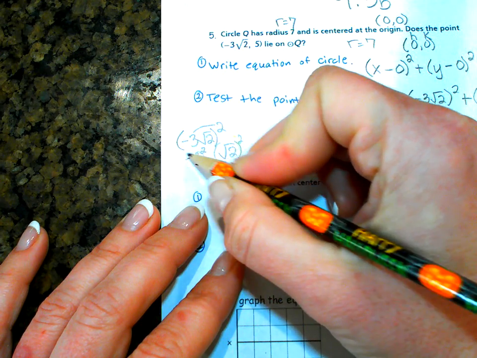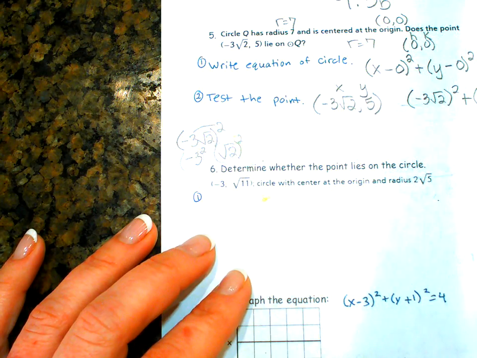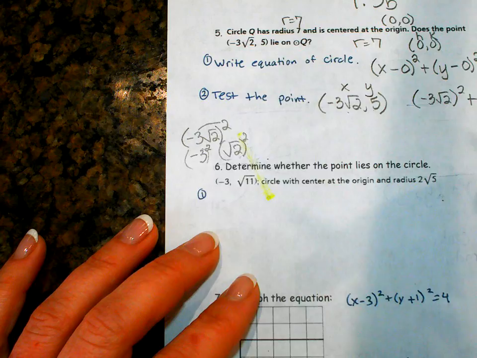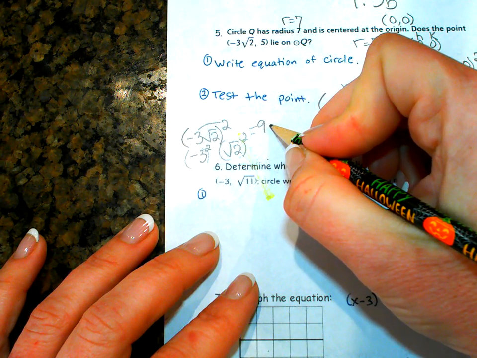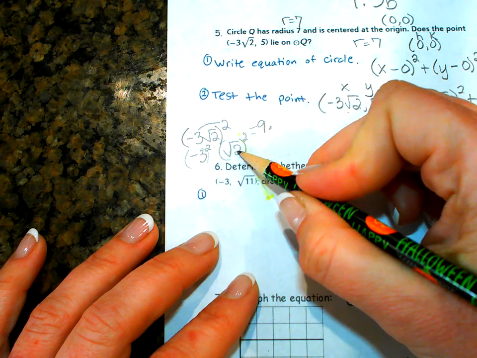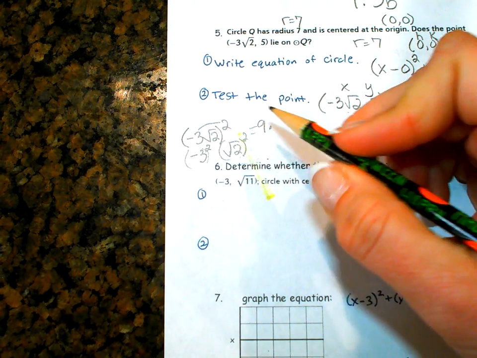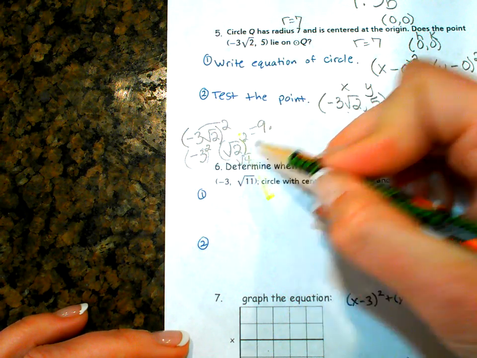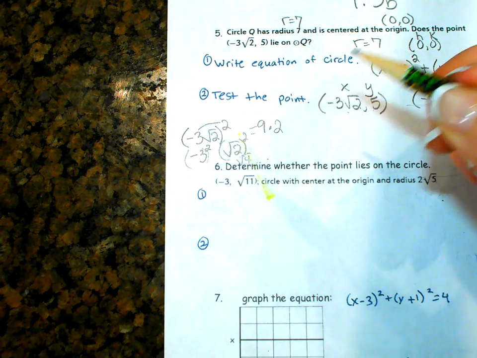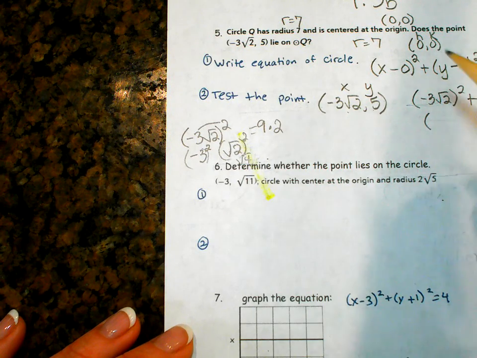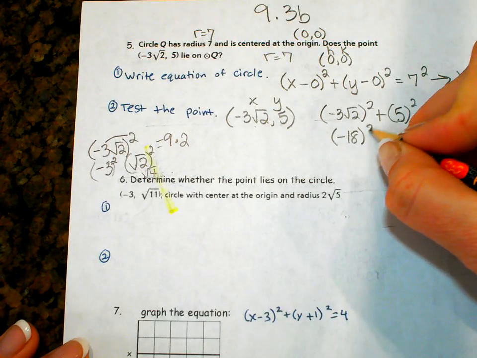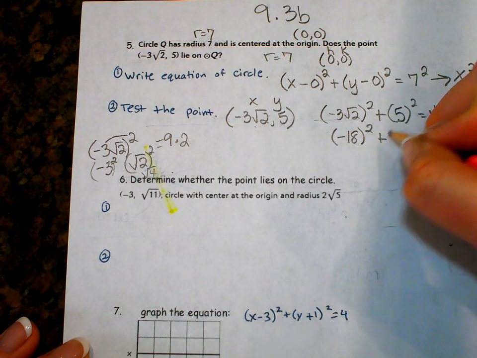So both get squared. Negative 3 squared is 9, times, what's radical 2 squared? Radical 2 times radical 2 is radical 4, which is 2. So 9 times 2, negative 18 squared plus 5 squared, 25.